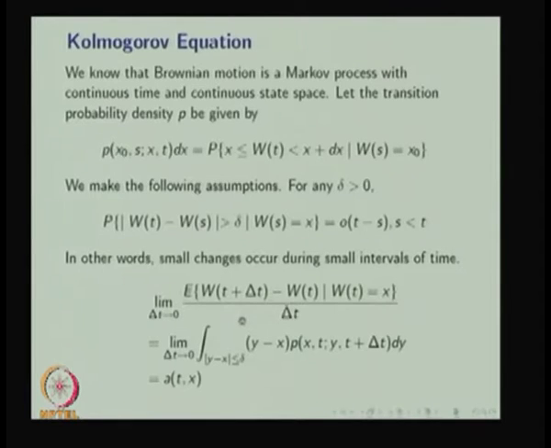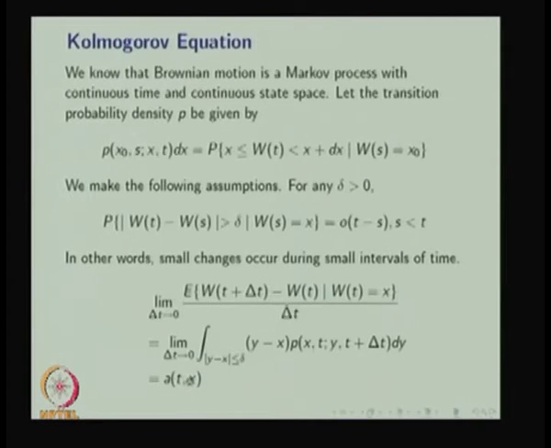Now we can find the conditional expectation of Wt plus delta t minus Wt, given Wt is equal to x, divided by delta t, as the limit delta t tends to 0. That is denoted as a of t comma x, which is a function of t comma x.